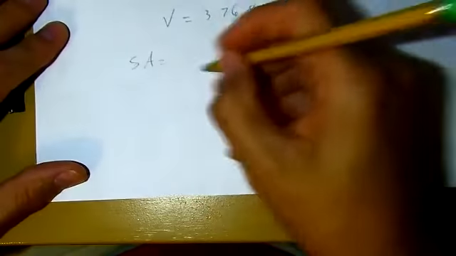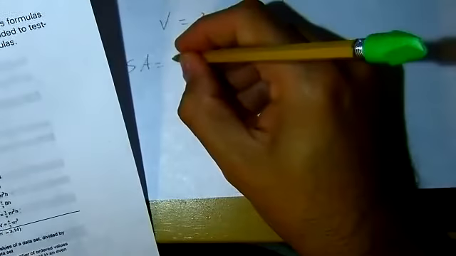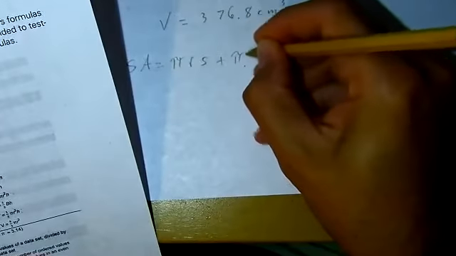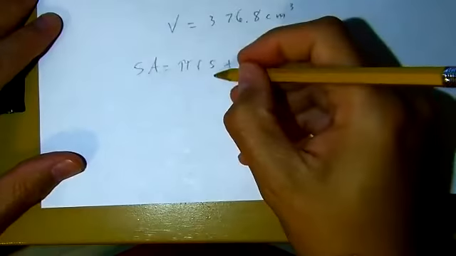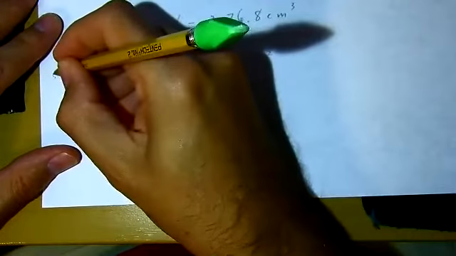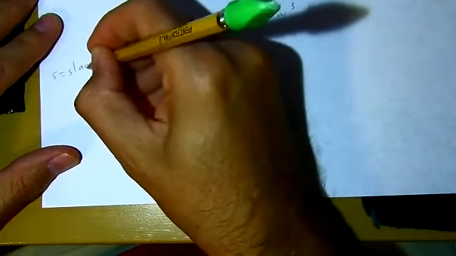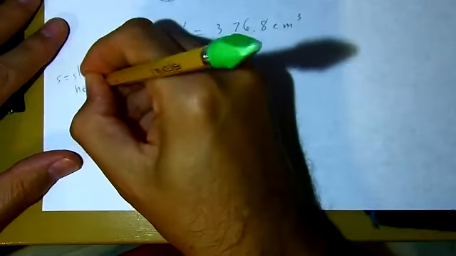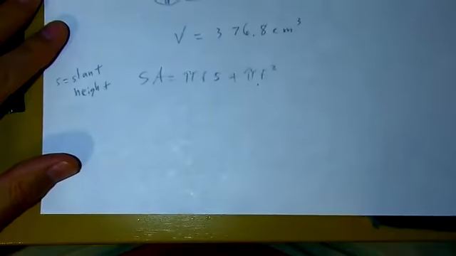Whenever it has an S, write it down. Pi r s plus pi r squared. That S right there stands for slant. More specific, slant height.